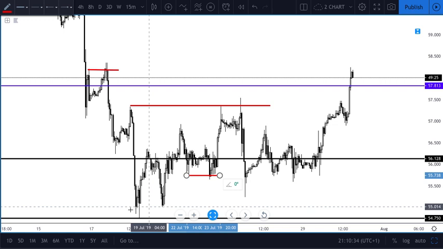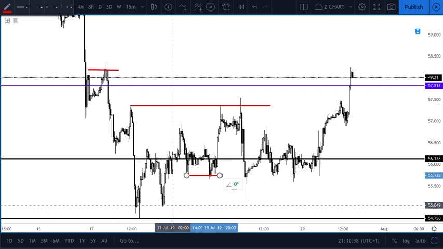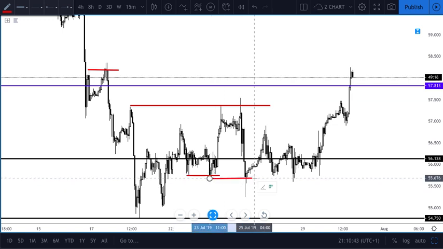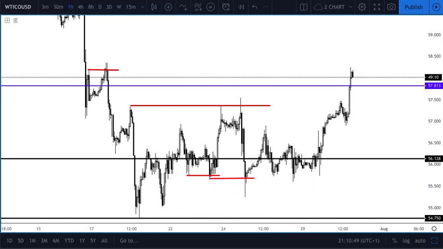So here you didn't actually close below the previous swing. You had this low here, and as you can see, the wicks just shot through, and this happens a lot in oil. Oil loves to create these patterns.